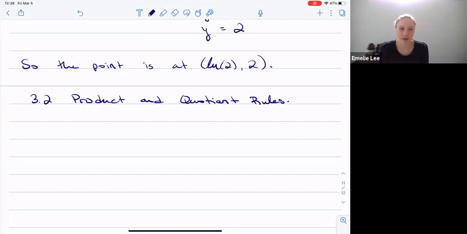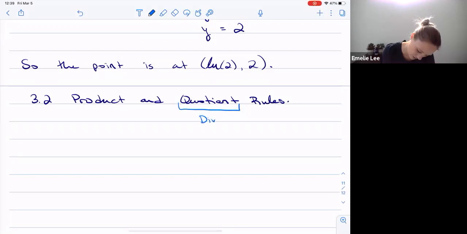If you have the product or the quotient, we can't just take the derivatives of the products and multiply the derivatives together, because that's not going to work. Products and quotients are division, right? So the quotient rule is for division.